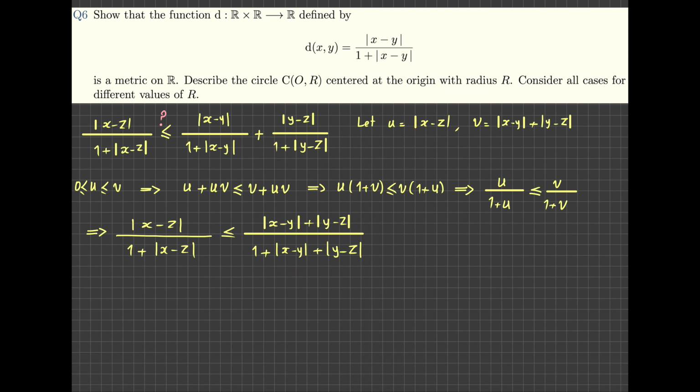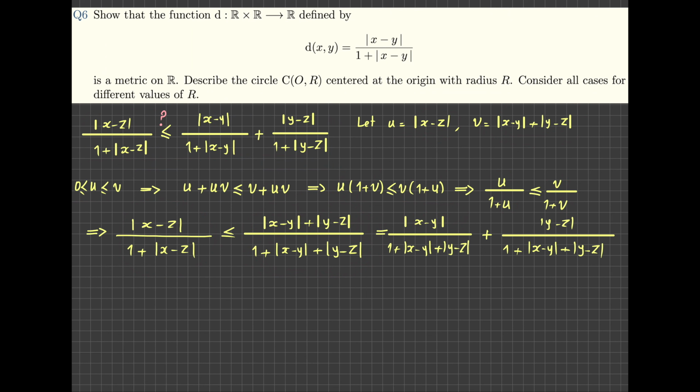So you will see what is the benefit. I would write this is equal to the absolute value of x minus y over 1 plus the absolute value of x minus y plus the absolute value of y minus z, plus my second fraction, which will be the absolute value of y minus z over 1 plus the absolute value of x minus y plus the absolute value of y minus z.